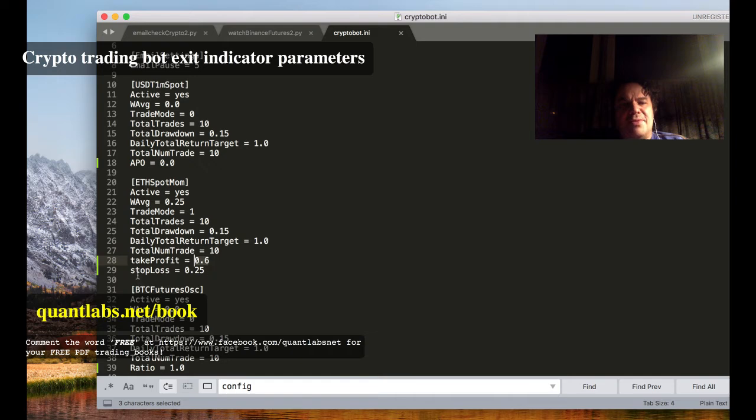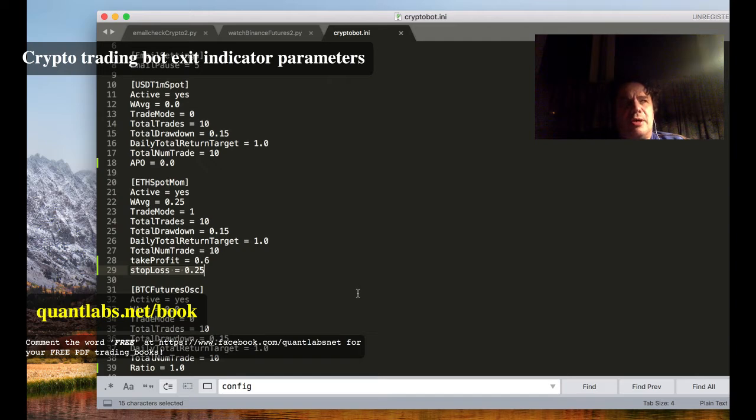And the funny thing is, with the stop loss, you can set the stop loss to be 0.25% because you want to make money. The Binance exchange charges 0.1% on each trip.